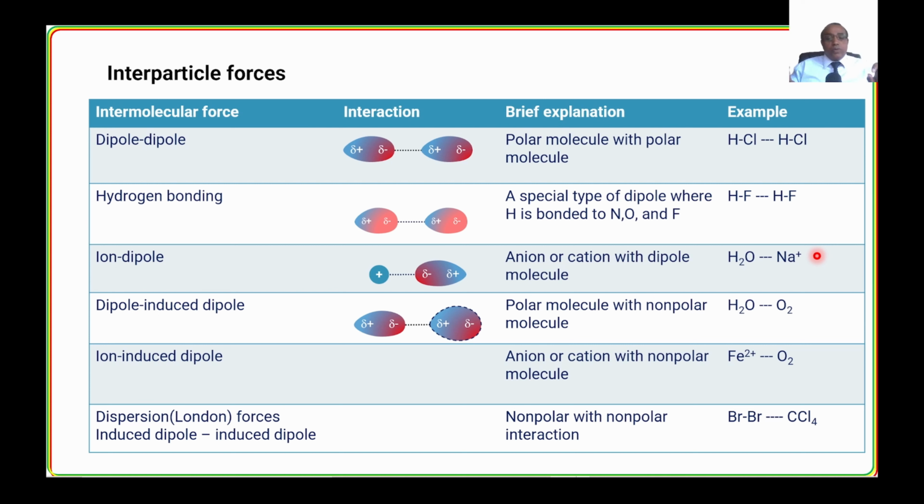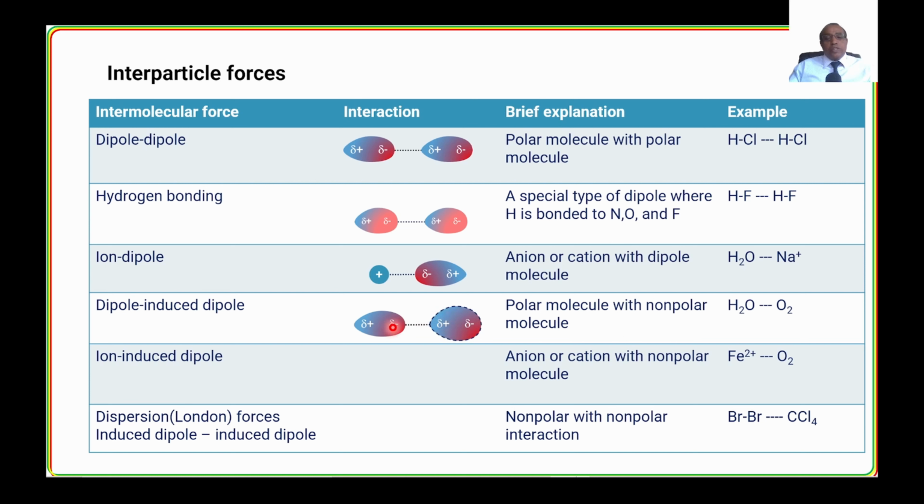So when this permanent dipole approaches a uniformly distributed electron density of a molecule, it can either push, say, if it approaches from this negative end, if the electrons are uniformly distributed in this molecule, this electron will push the electrons from this end, and this region becomes negative, and this region becomes positive.